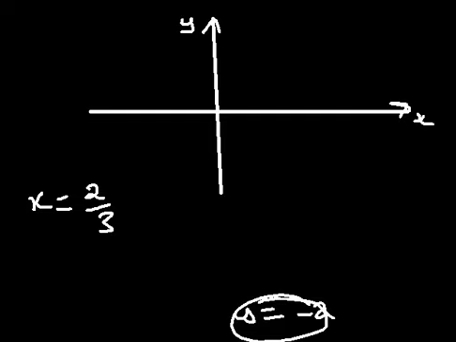So we have 2 over 3 at that point. Then the y-intercept is negative 2, so this is the negative 2. Now we just have to draw the straight line connecting the two points.